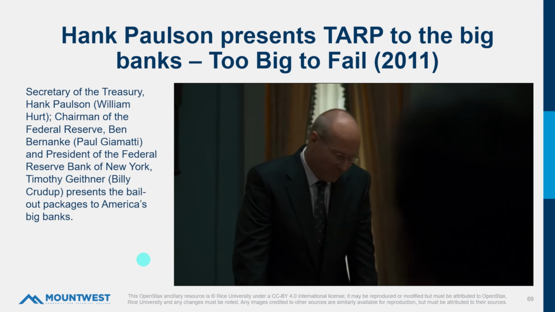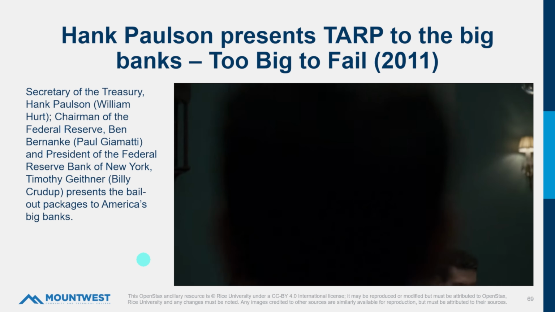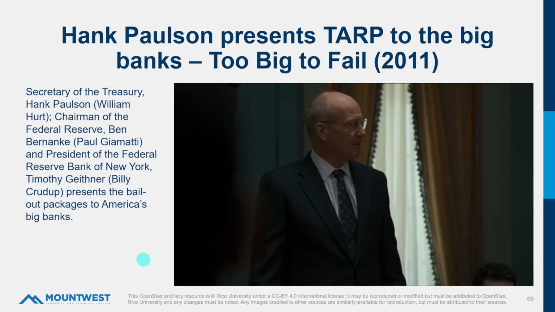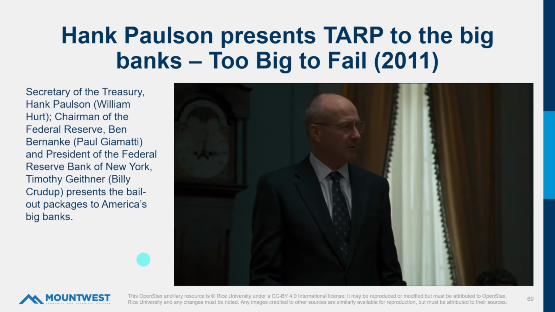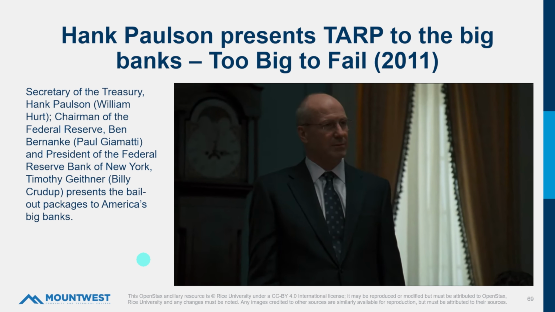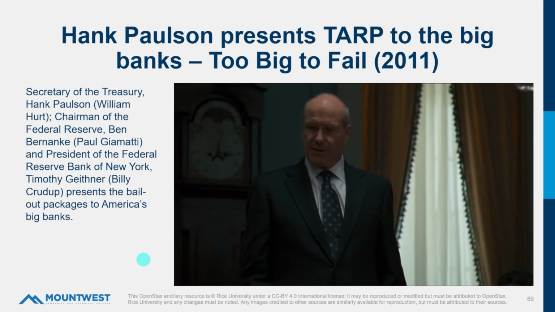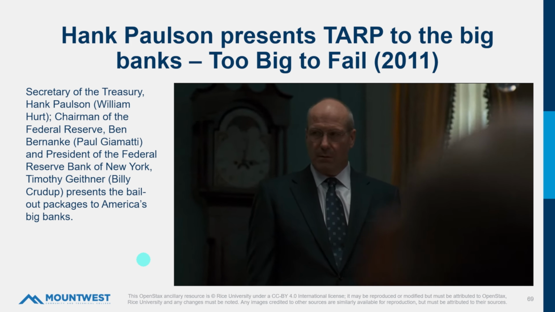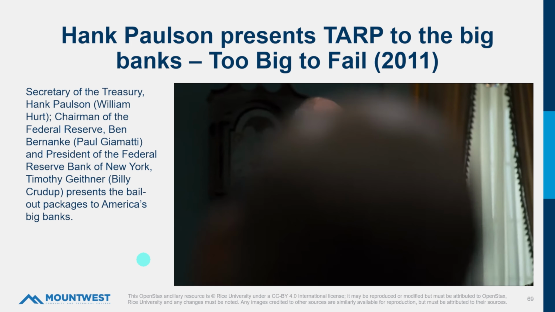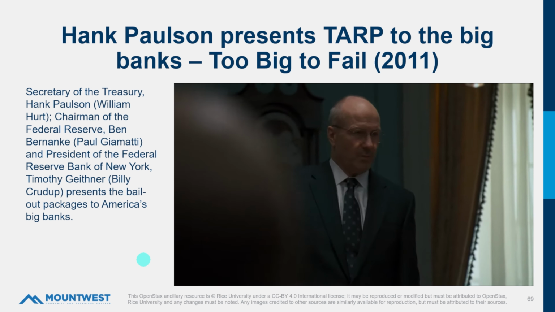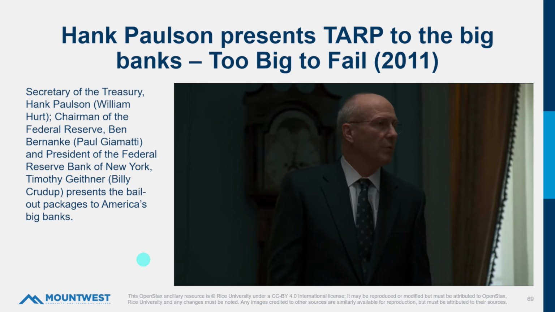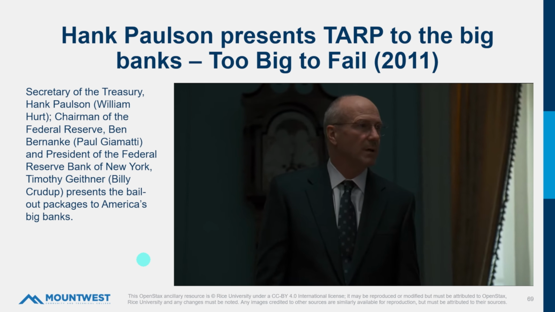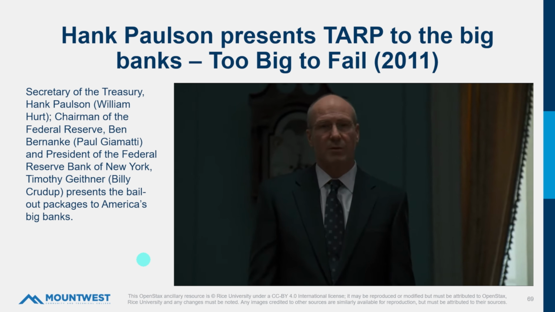We are of the view that the United States needs to take strong, decisive action to arrest the stress in our financial system. Through our new TARP authority, Treasury will purchase preferred stock in each of the banks represented in this room.